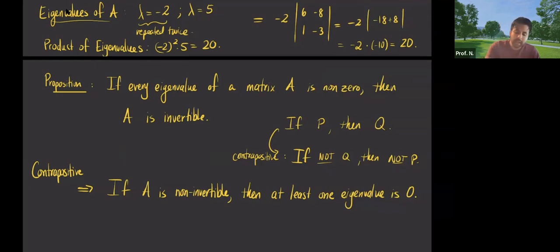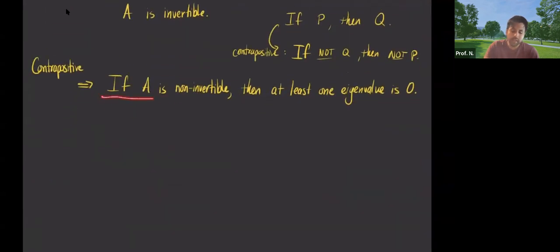And this is not just a conditional statement. These are called conditional, right? If P then Q. This is also a biconditional. So if this is true, then the other, saying it in the converse, would also be true. If A is invertible, then every eigenvalue must be non-zero. Similarly, if A is non-invertible, then at least one eigenvalue is 0, and the converse of this statement is also true.